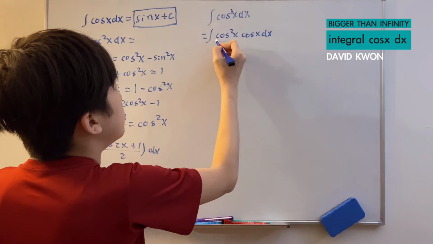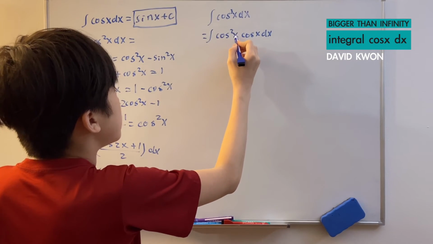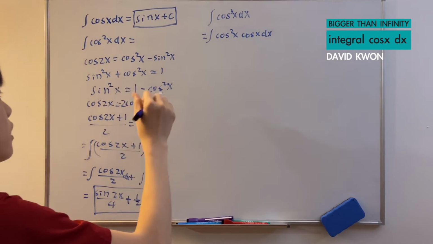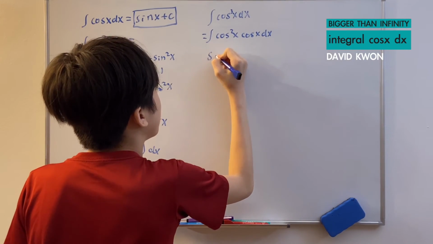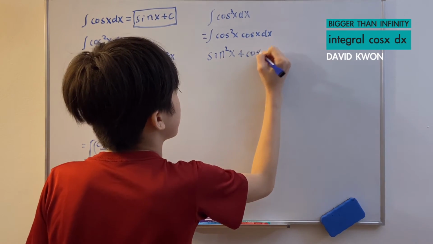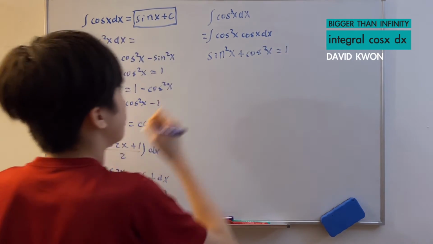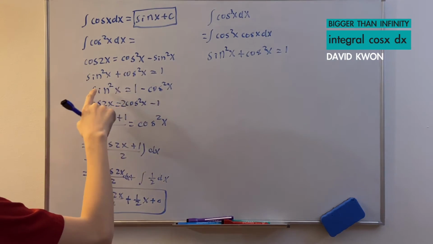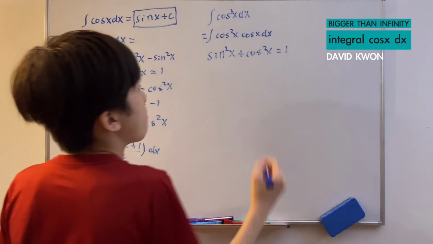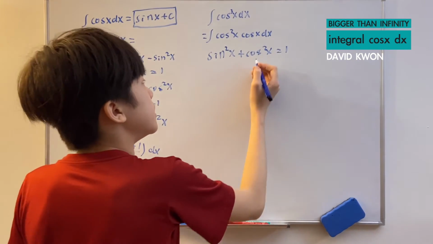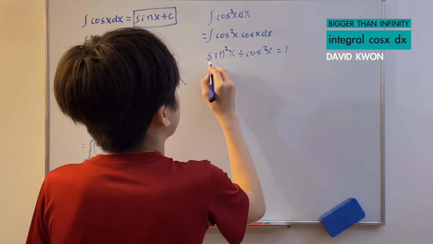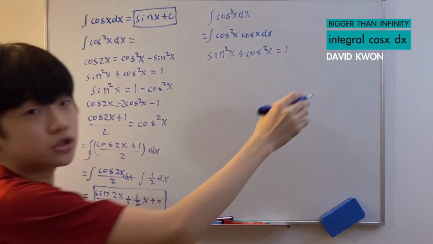Now this cosine squared x, I will replace it using the formula sine squared x plus cosine squared x is equal to 1 that I used right here to integrate cosine squared x. Well, in this case, I will minus sine squared x on each side.